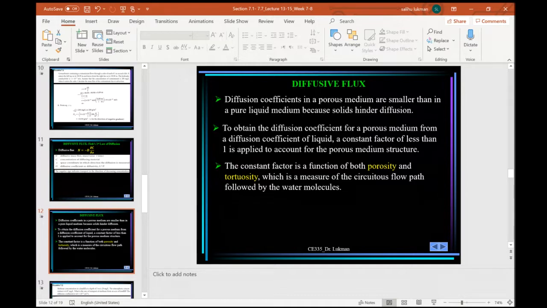Tortuous means not straight, something like a zigzag fashion. So that is tortuosity. That factor is a function of porosity and tortuosity.